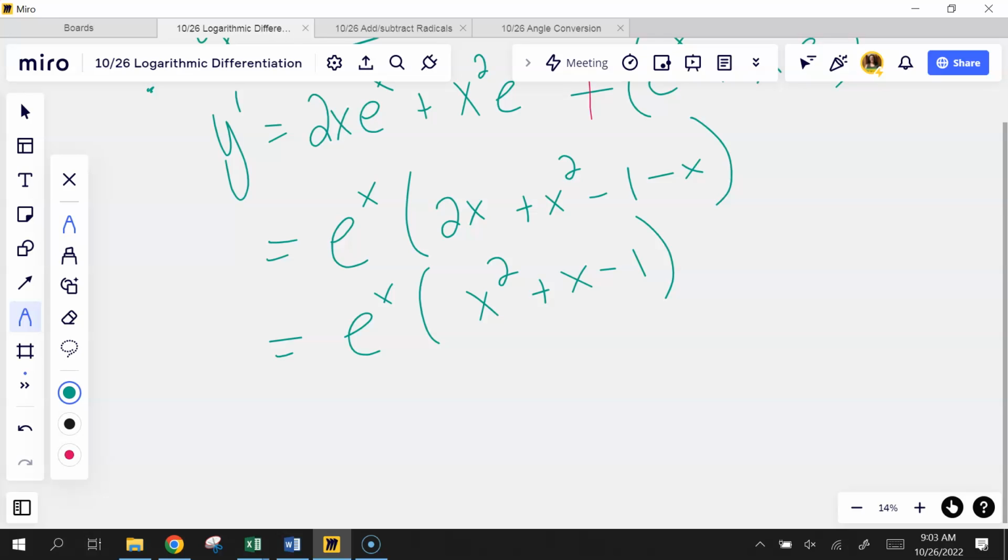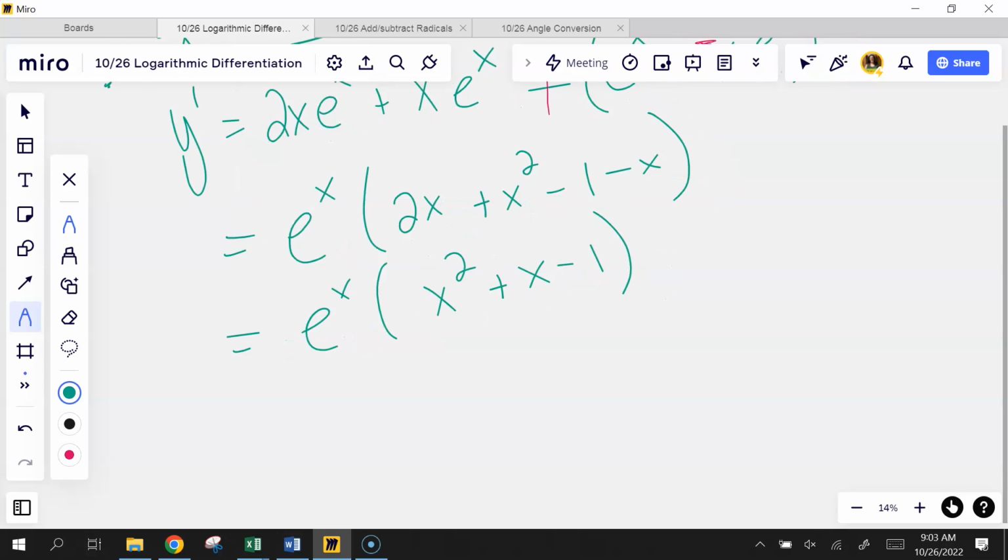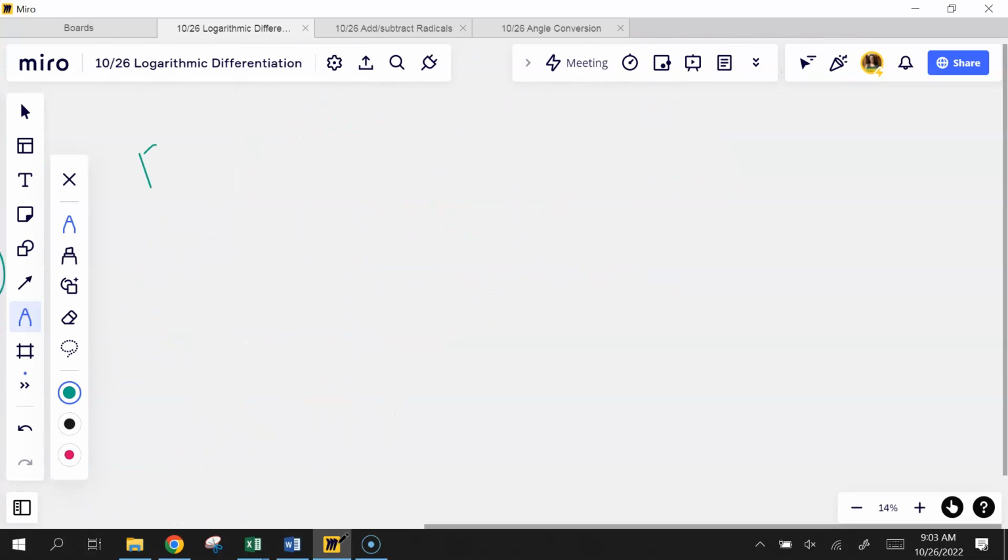17. Natural log of 1 over x. All right, derivative of log is 1 over.